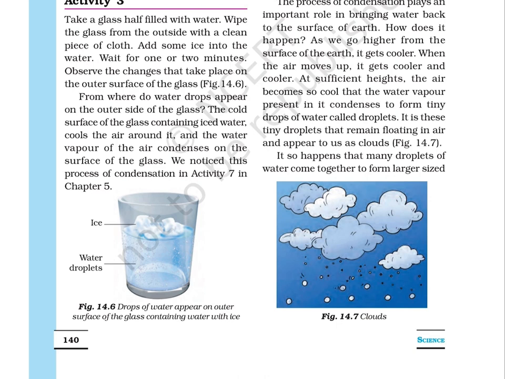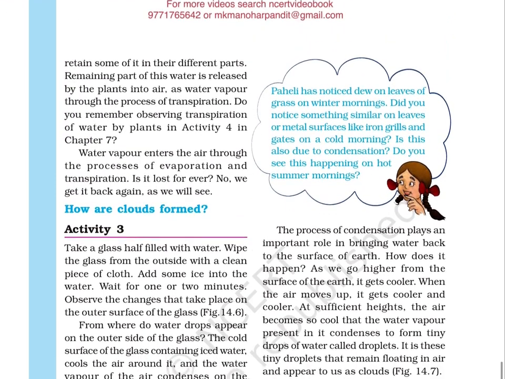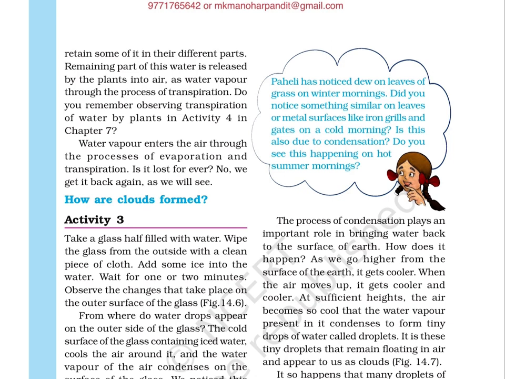Figure 14.6 shows drops of water appear on outer surface of the glass containing water with ice. Paheli has noticed dew on leaves of grass on winter mornings. Did you notice something similar on leaves or metal surfaces like iron grills and gates on a cold morning? Is this also due to condensation? Do you see this happening on hot summer mornings?